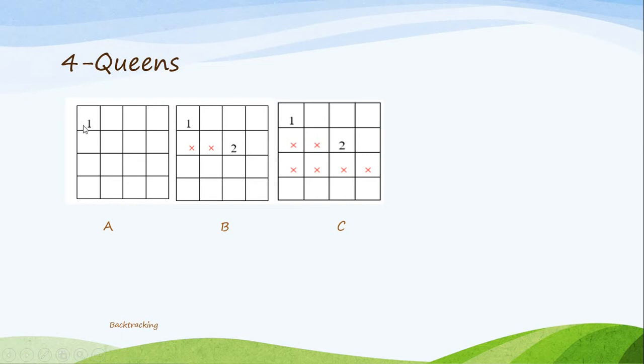At first we are keeping our first queen in the first column. Then there will be no place in the first and second column for the second queen, so we are placing the second queen in the third column. Applying all our rules, there will be no place for the third queen.